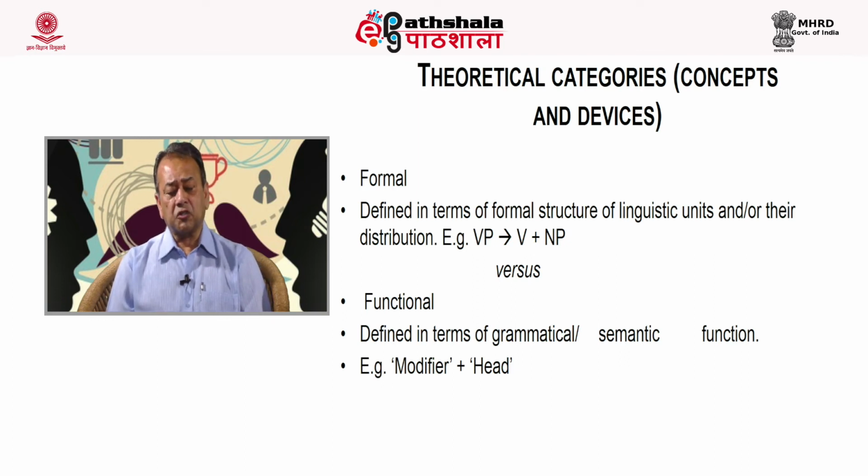Compared to this, in functional approaches, it is essentially the function of a grammatical element, their semantic function, which is the focus of interest. So we find terms used in functional approaches such as modifier and head, complement and head, even subject and object are considered to be functional in nature.